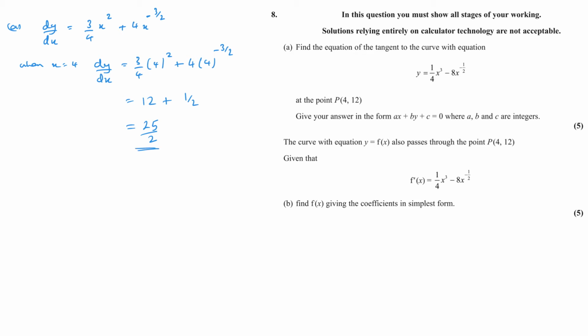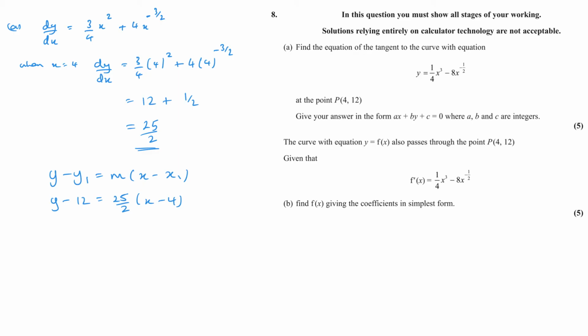So that's my gradient. Then y minus y1 equals m times x minus x1. So y minus, no, not 4, 12, 25 over 2 x minus 4. So I'm just substituting in this coordinate and this gradient. Now I've got to leave it in this form, and that's what I would be aiming for even if it wasn't there because of the divide by 2 here.